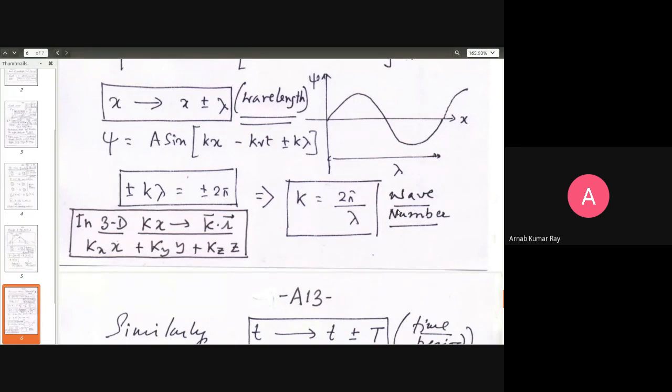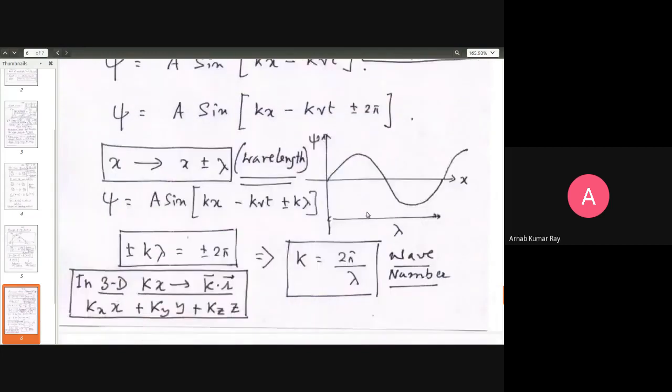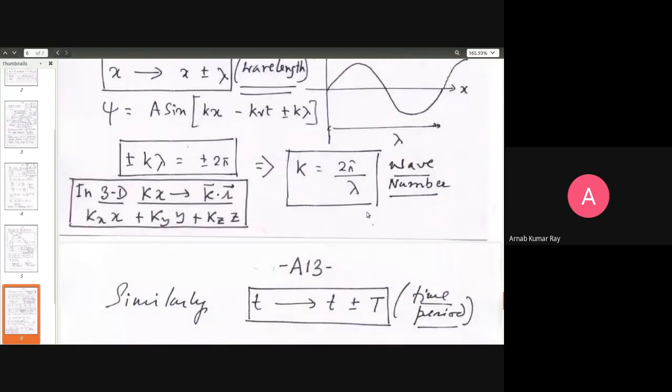Similarly, if you explode a cracker or a bomb, the air waves will be propagating along the x-axis, y-axis, and the vertical z-axis. So for such a wave, k times x will be replaced by vector k dot vector r. And then this can be written in your familiar scalar product form, kxx plus kyy plus kzz. So that is what it is. But anyway, let's not worry about the 3D part. 2D, 1D is instructive enough, and it'll give you all the ideas clearly.